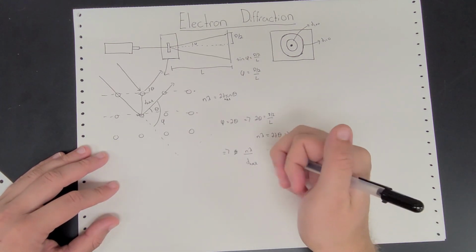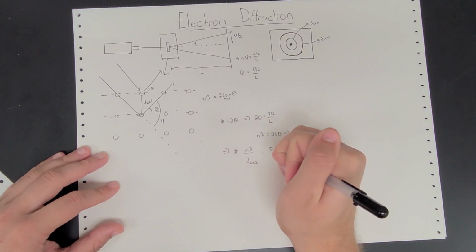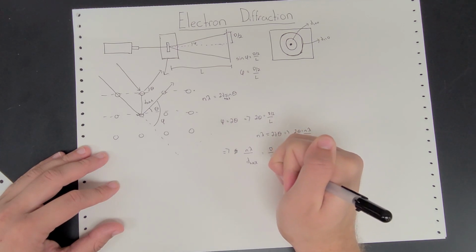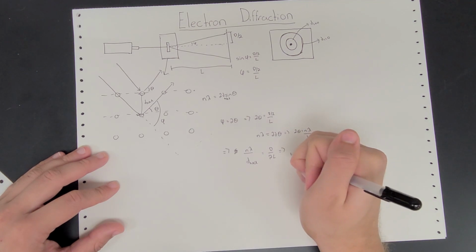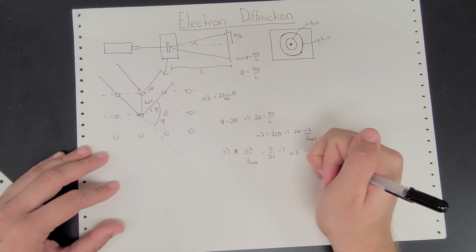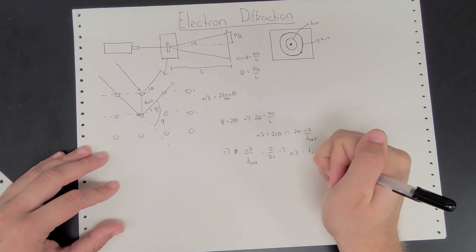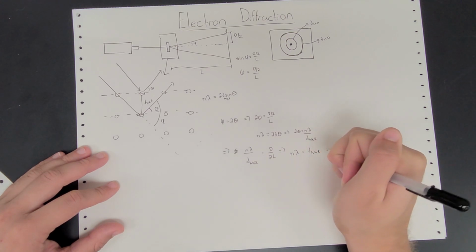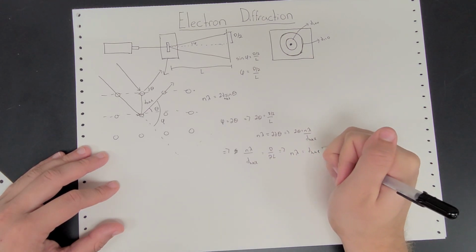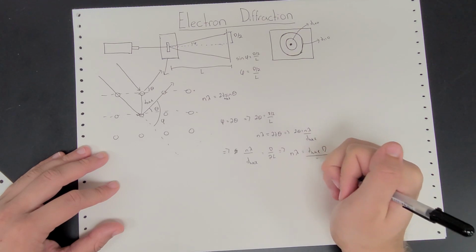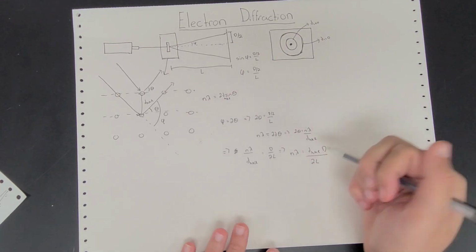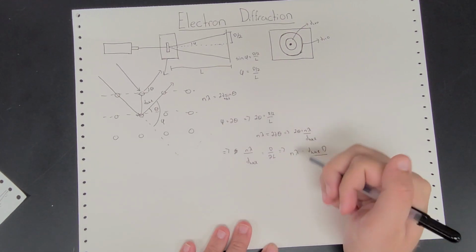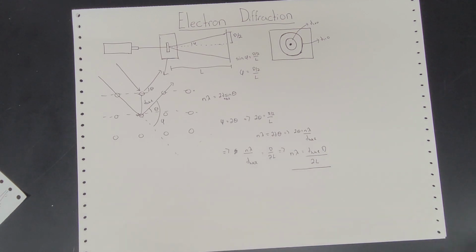And that's going to be equal to capital D over 2L. If we do a little bit more rearrangement, we are left with n lambda is equal to our interatomic spacing, dhkl, times the diameter over 2 times the length L. So that was just a lot of algebra to get to this equation here.